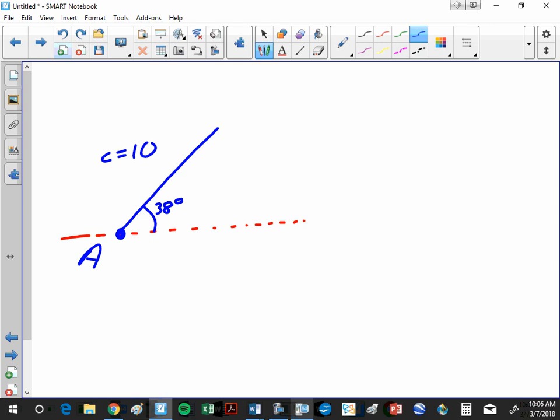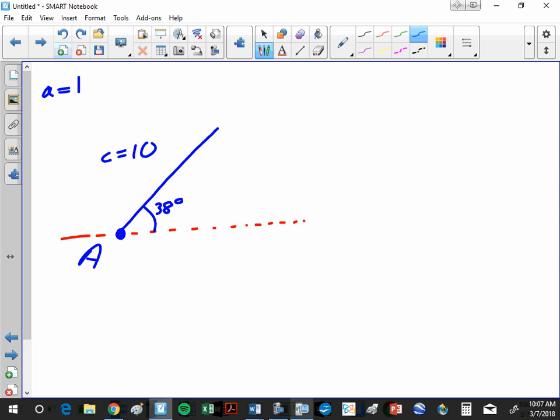So my third side is going to be called little a, right? What if little a equals 1? Do you see a problem there? What's wrong with little a equaling 1? It can't equal 1. Why not? Right.